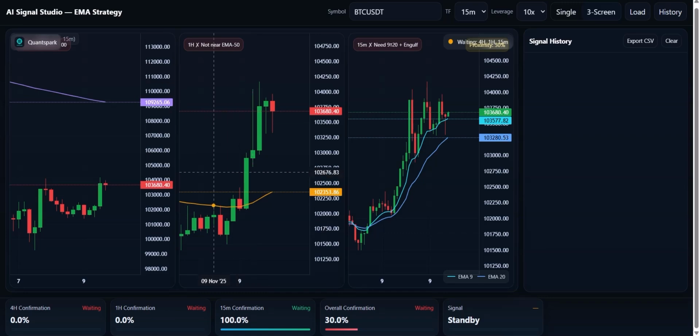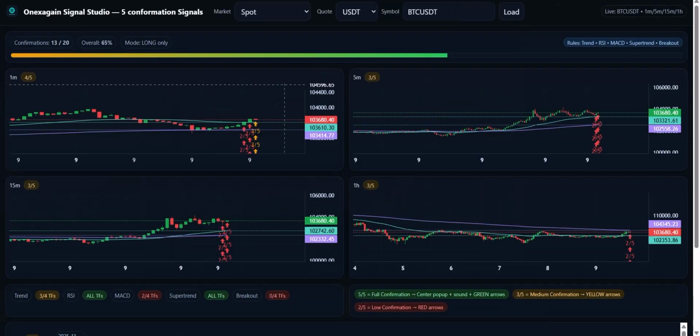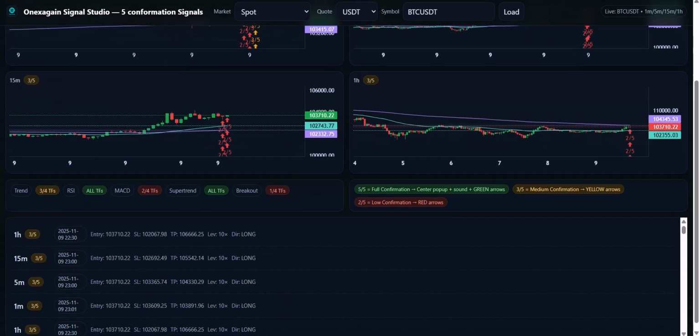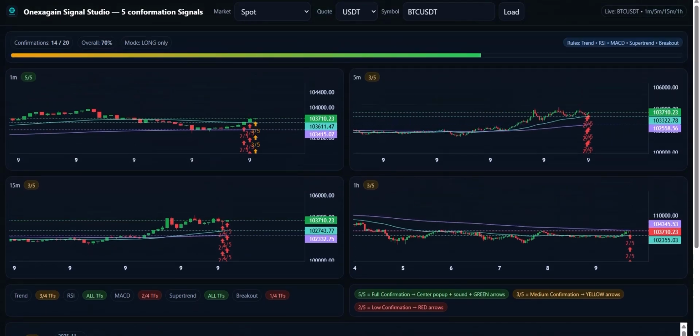Then check Gain Tracker. Is the confirmation bar close to 90%? Do you see 18 to 19 confirmations? Has a green long signal appeared in signal history? If yes, that tells you now you have a technically supported entry point.